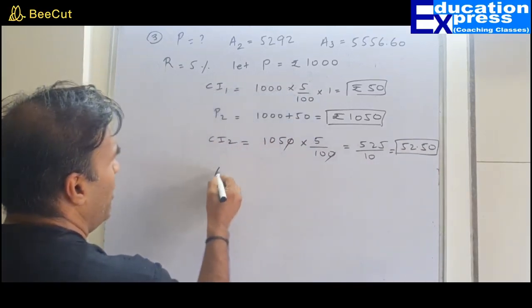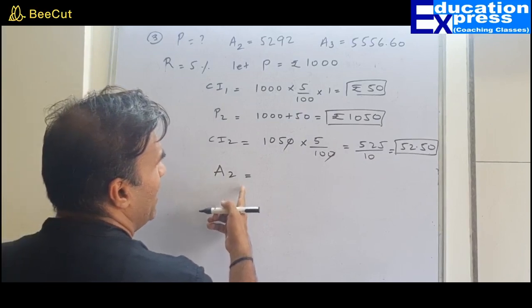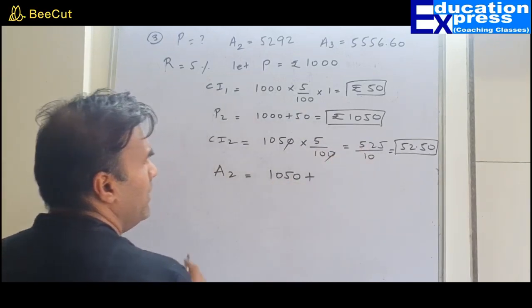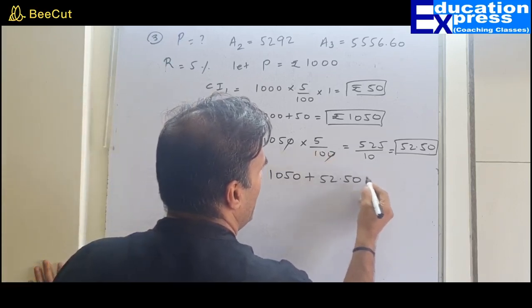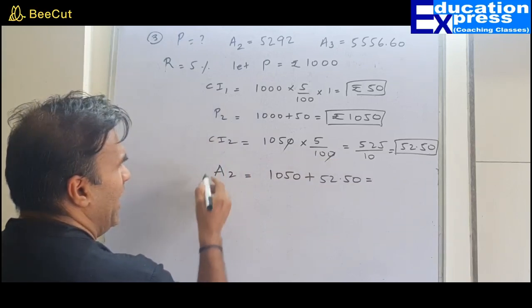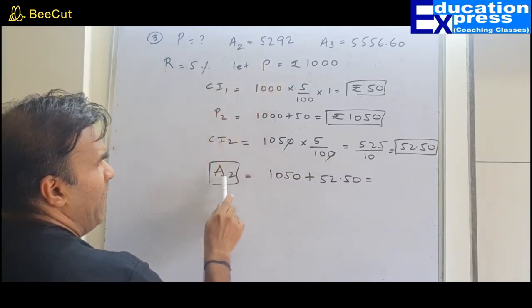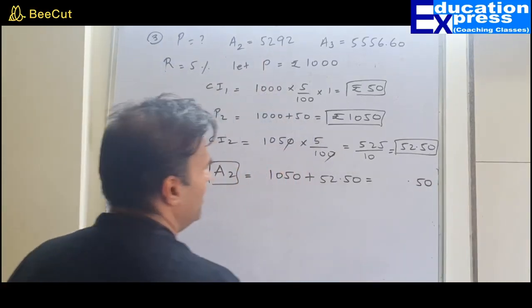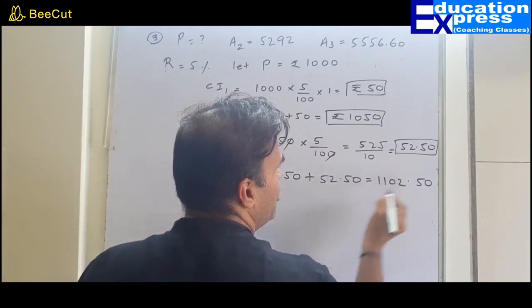That means what will be your amount at the end of second year? So amount at the end of second year would be my principal 1050 plus interest for second year 52 rupees and 50 paise. I am finding A2. Why? Because A2 is given to me. So I am finding A2 so that I can compare by unitary method. 1050 plus 52, 1102.